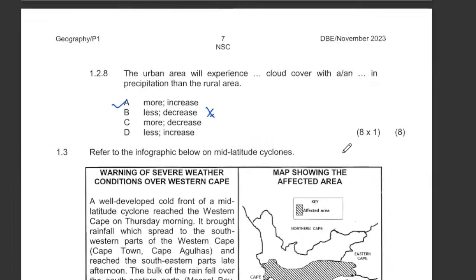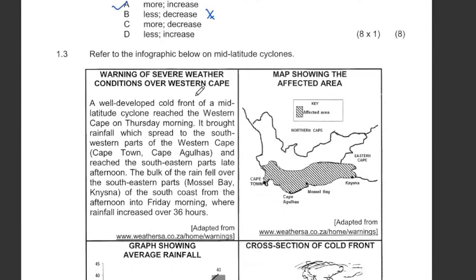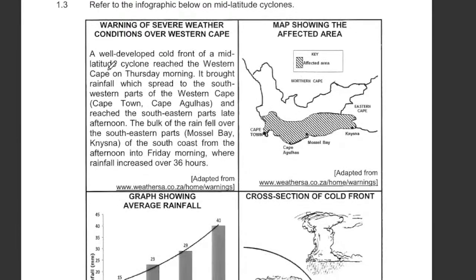With the infographic, there is a well-developed cold front from the mid-latitude cyclone that reached the Western Cape on Thursday morning. It brought rainfall, which spread to the southwestern parts of the Western Cape, Cape Town and Cape Agulhas, and reached the southeastern Cape late afternoon.